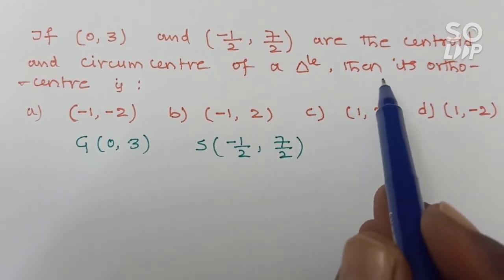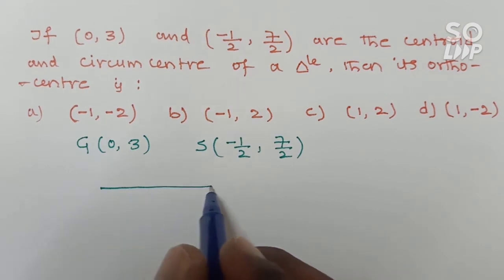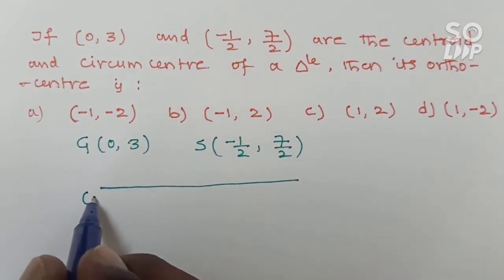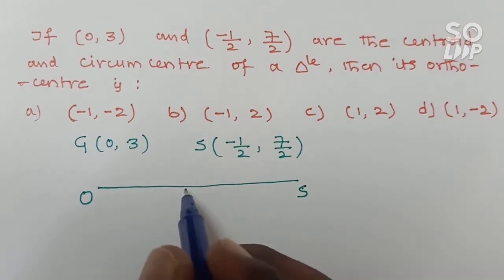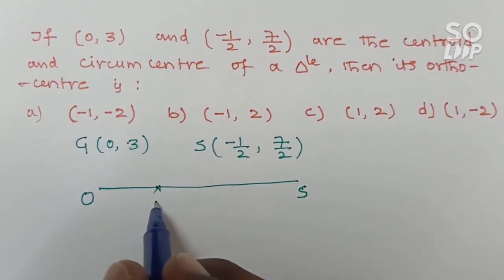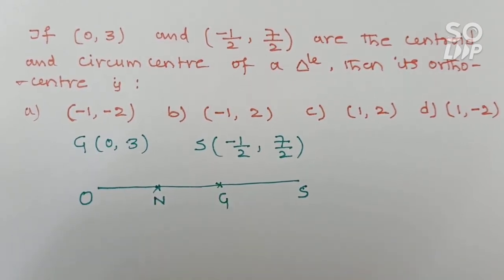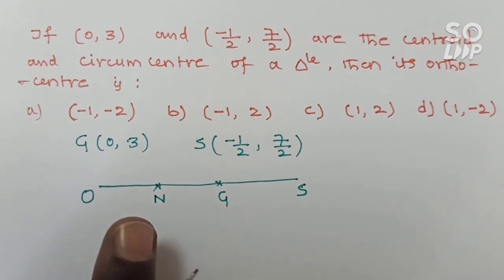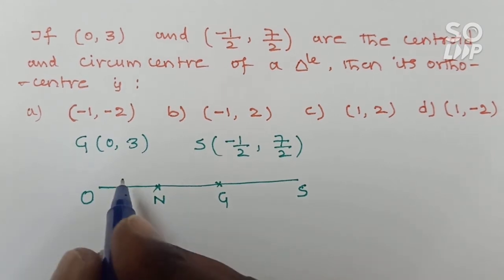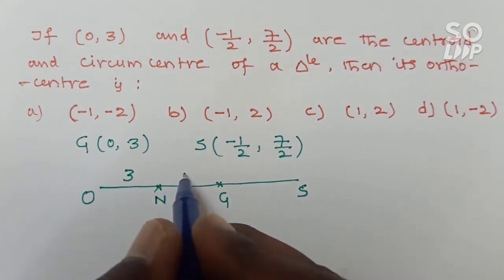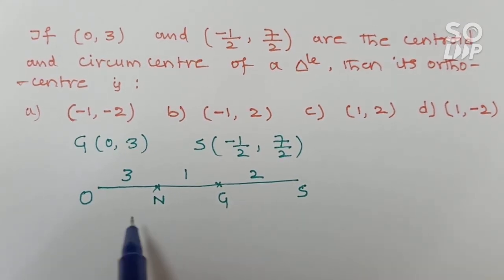Now we should find its orthocenter. You draw a small figure with the orthocenter and the circumcenter, here is N and this point is G. In this type of question, every time you draw this figure and mention the ratio 3:1:2. Here we should find the orthocenter.